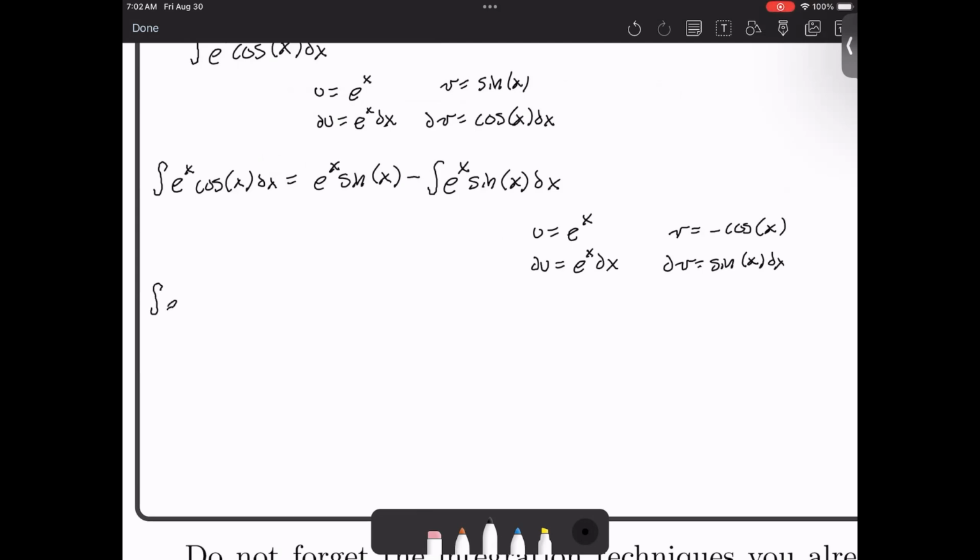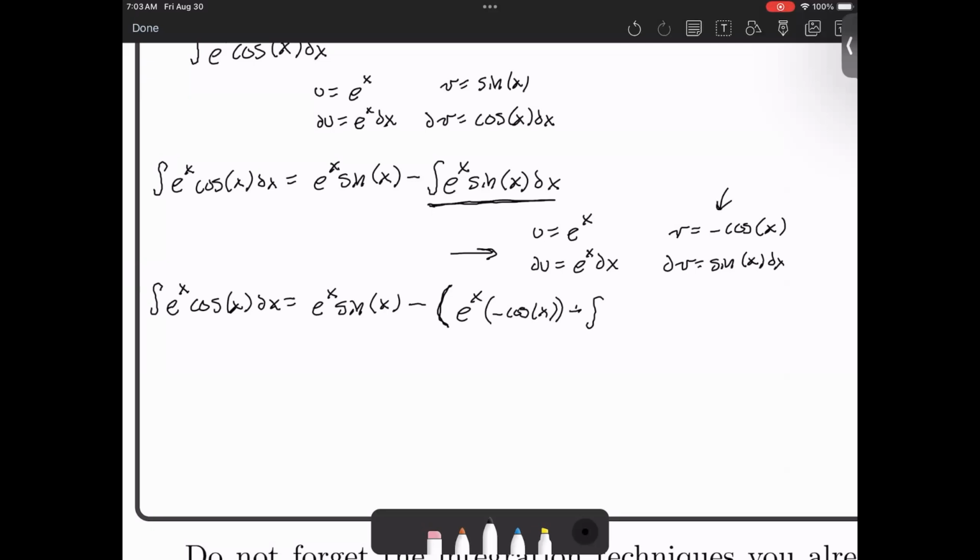So this integral, e to the x cosine of x dx, is equal to e to the x sine of x minus, and this integral can be replaced by this integration by parts, uv minus integral v, so I'm just going to change that to a plus, v du.